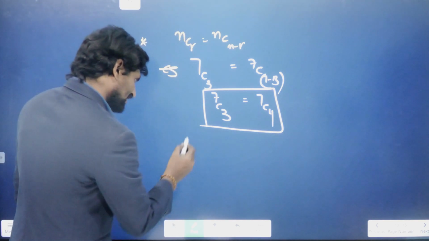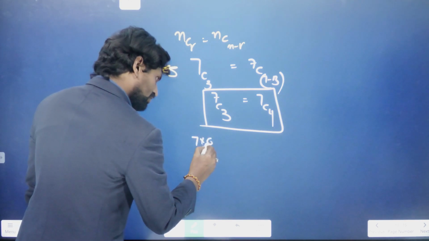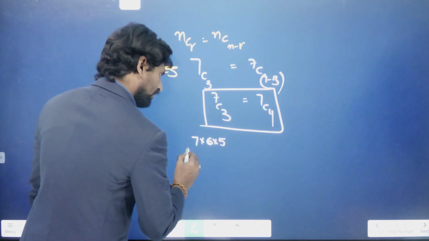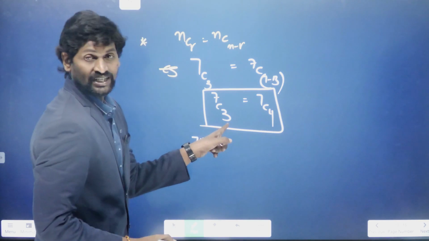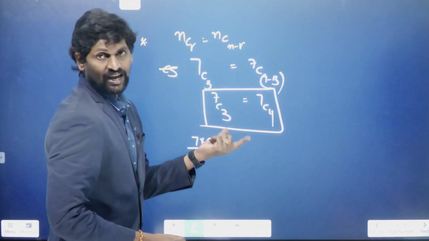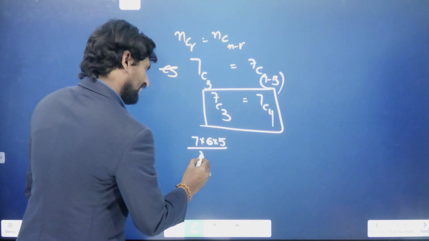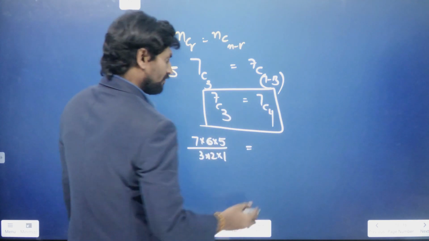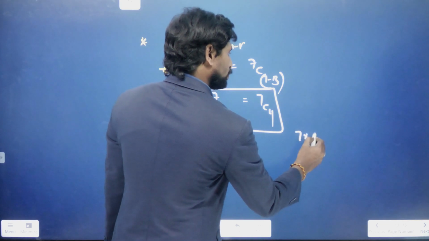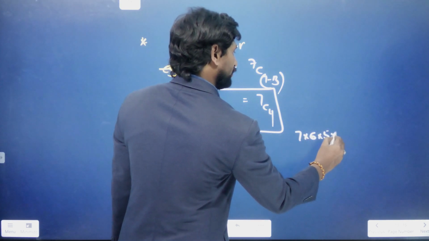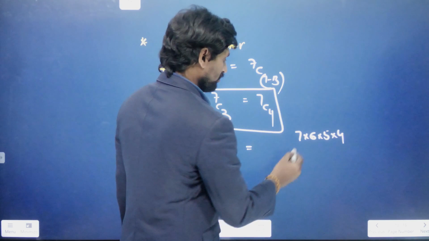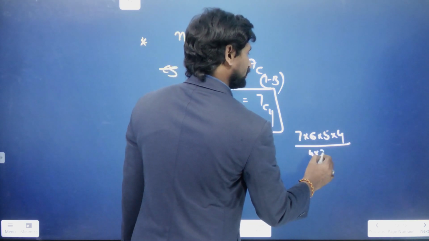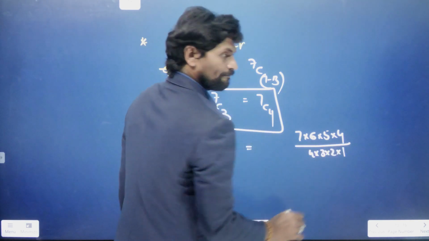Let us check. 7C3 means what? 7 into 6 into 5, 3 numbers. Here 3 will be in the denominator, so up to 3 digits we have to reduce: 3 into 2 into 1. So 7C4 value, how much? 7 into 6 into 5 into 4, up to 4 numbers we should reduce, and here 4 into 3 into 2 into 1.